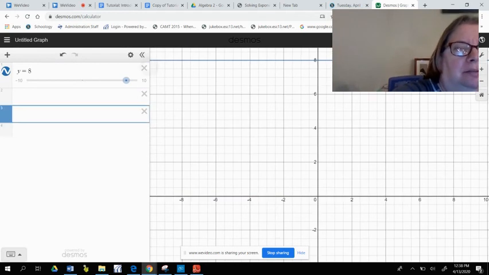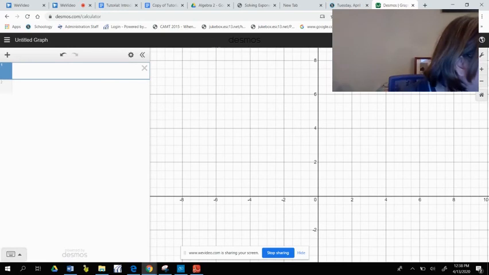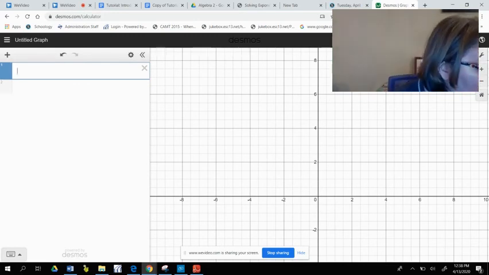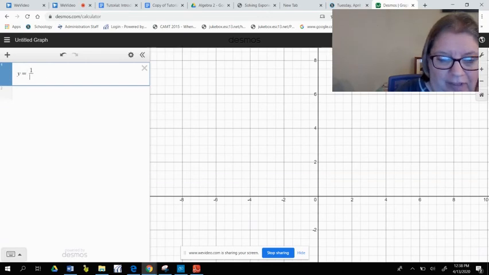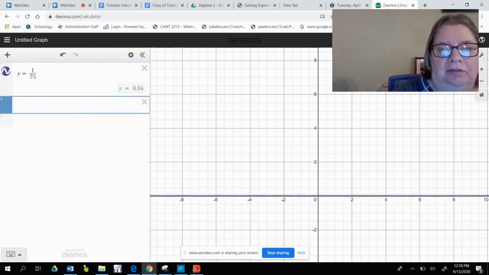All right, number 9 is 1 over 25. Now, if you were doing this by hand, you would have to change it to the same base, and you'd have to remember your rules for negative exponents and fractions. In this case, all we have to do is the y equals 1 divided by 25. Notice it's that little line there, and I'm pointing at the screen like you can see it.